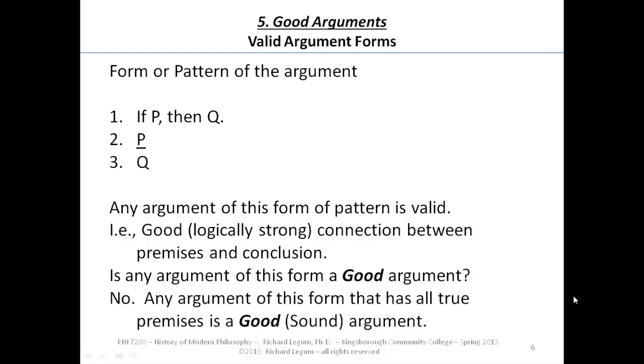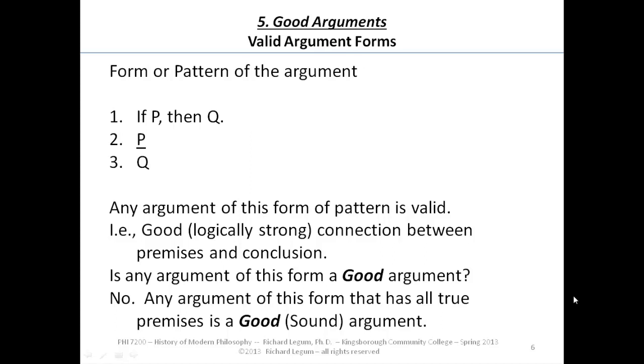It's only one characteristic. We're talking about valid now. Not every one is a good one, but it's certainly a valid one. That is, the premises are logically strong reasons for accepting the conclusion. The truth of the premises guarantees the truth of the conclusion. But in addition, any argument of this form still has to have true premises in order for it to be a good argument.